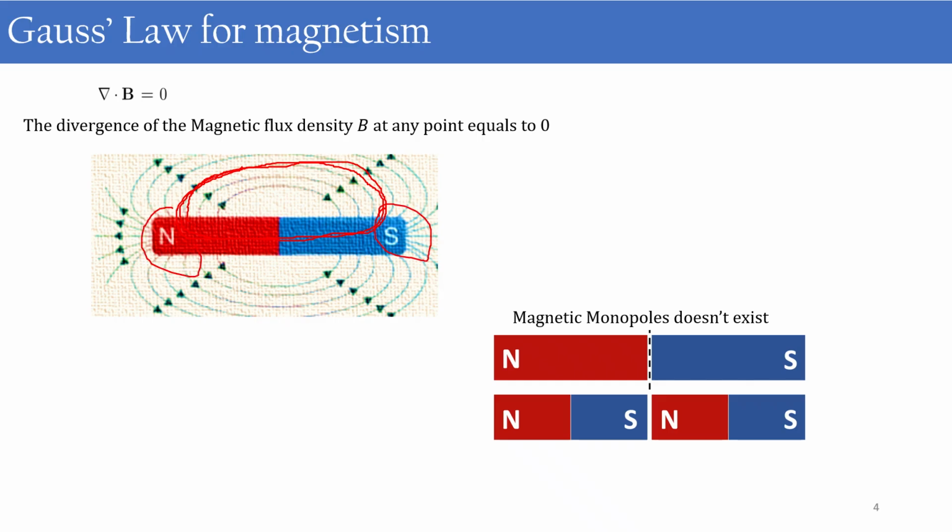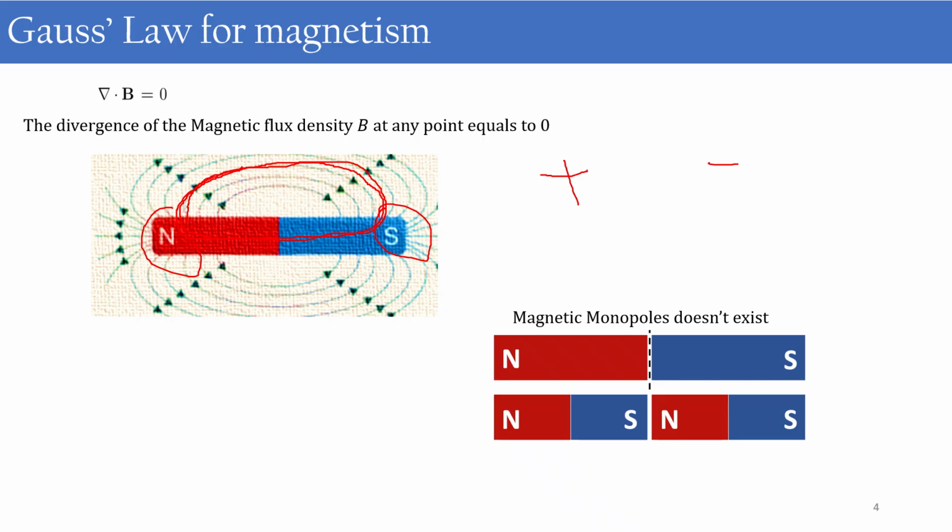But in our electric field case, we were able to separate out plus charge and minus charge. In this case, these are forming closed loops, so we will not be able to separate out North Pole as it is or South Pole as it is. That is the meaning of this equation.